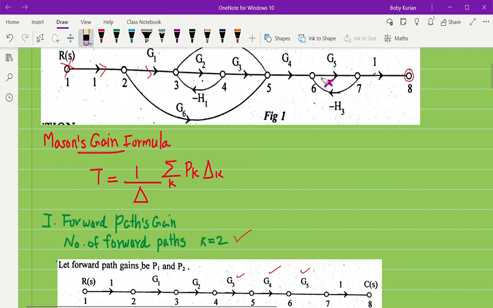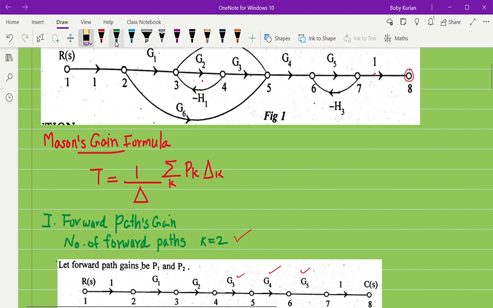So there are two pairs of non-touching loops here. The first one is this one and this one, the second one is this loop and this loop. In this way we have to identify the two non-touching loops. The next question is, are there any three non-touching loops, that is, three loops which are not touching each other?